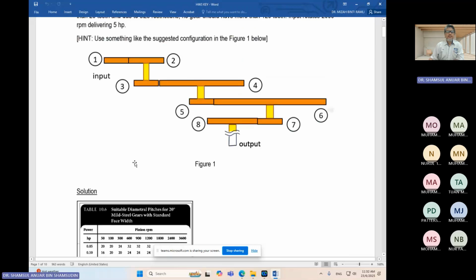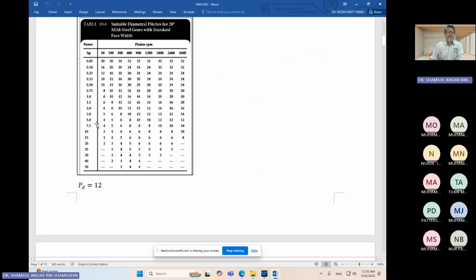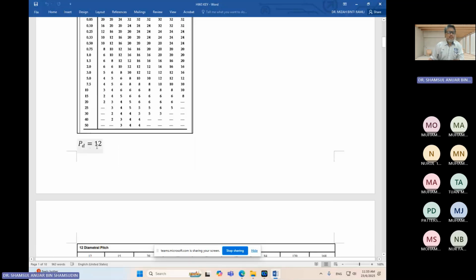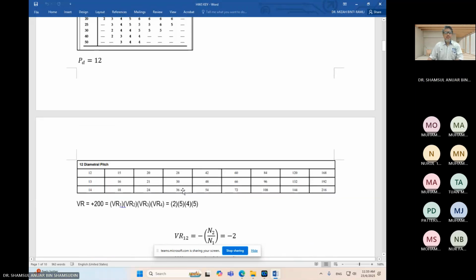So at 2000 RPM, the diametral pitch PD must be 12. So that's why we choose PD 12, 12 teeth per inch.